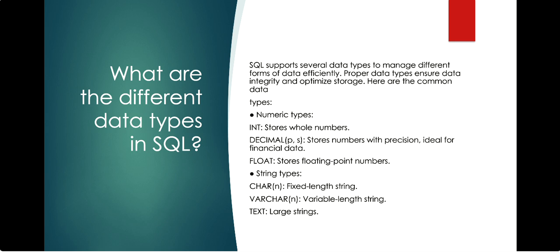If you are dealing with large text, CLOB, which is the short form of character large object, is the type you need to implement. For international or multilingual text, SQL also supports Unicode character types like nchar and nvarchar.